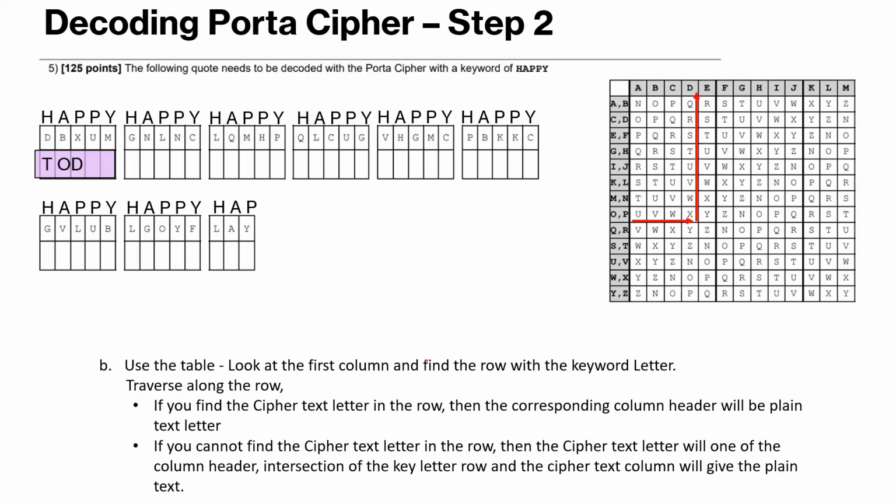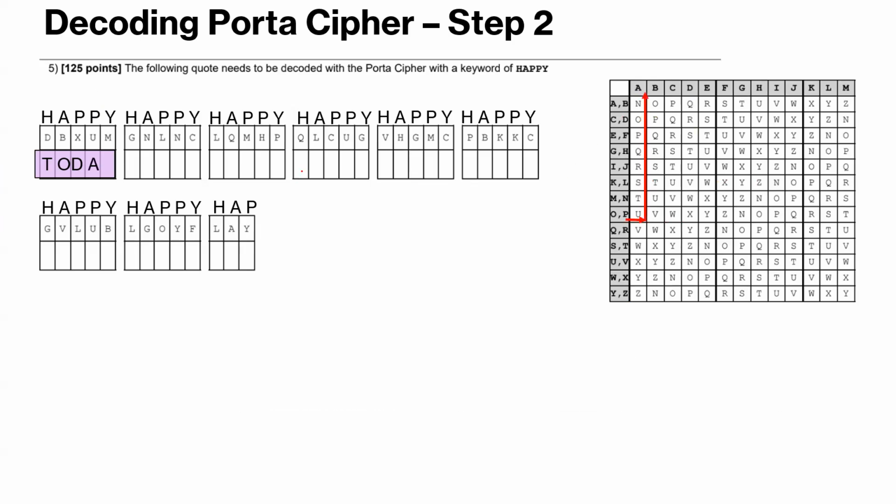So we go ahead similarly for a couple of other things. Again, in this case, we are looking at row P, and we are looking for U. The first column itself has U, which means that the plain text for U is A. For the last one, we are looking at the Y row, which is the last row here, and we are looking for M. As we traverse here, we can't find M, so we start looking at the column headers.